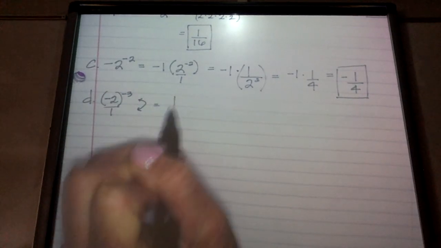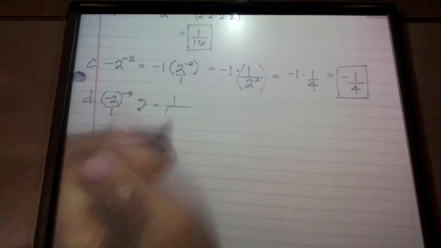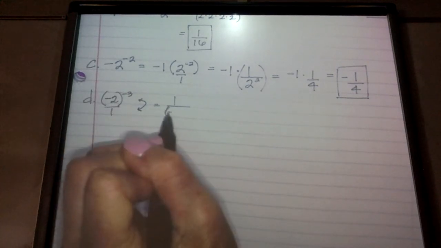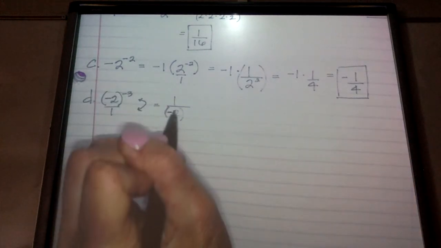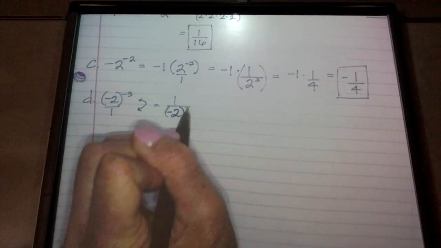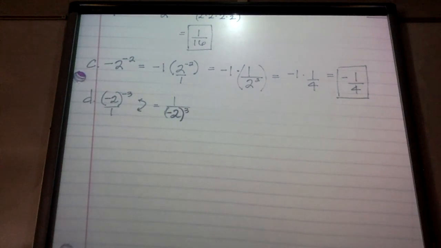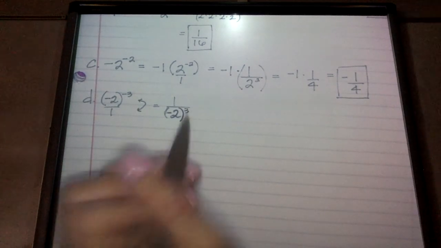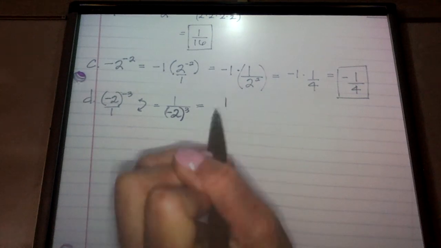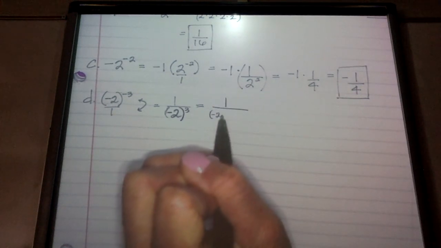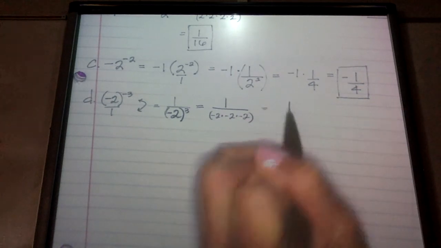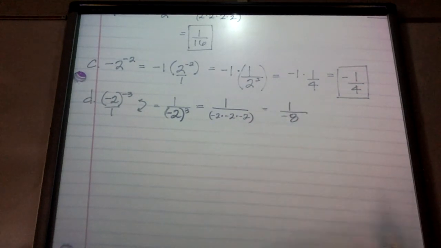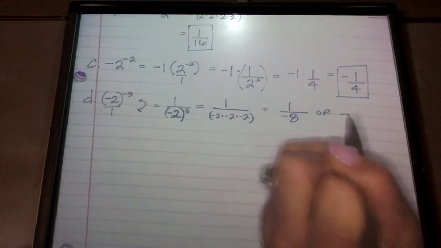So 1 over, oh no, pen, no, -2, just breaks my heart. Sorry, I had to switch pens. To the third, notice the -3 becomes +3. So this equals 1 over -2 times -2 times -2, which equals 1 over -8, or -1/8.